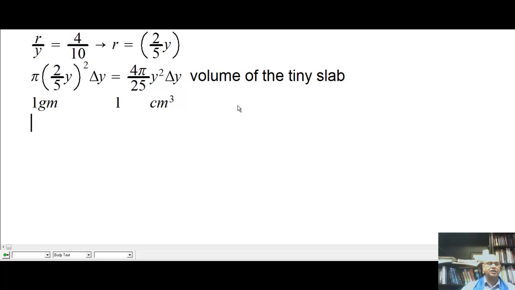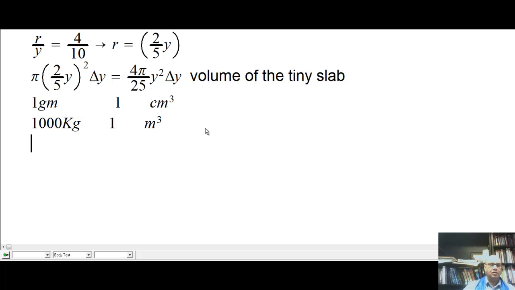Okay, you said it right. So if I look at 1 cubic meter, 1 kilogram is the weight of 1 cubic meter, right? Am I making sense?